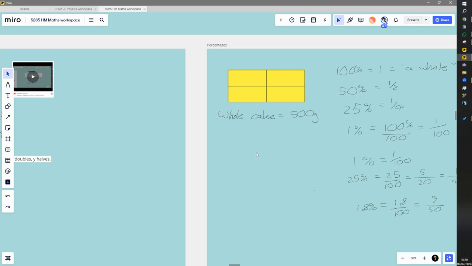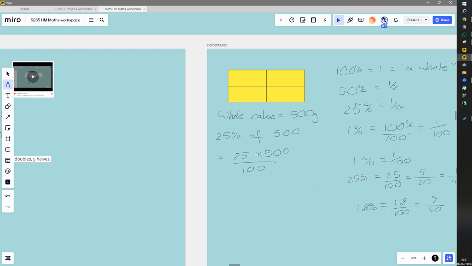But if it's a more awkward number, then what you want to do instead is work it out like this. So 25% of 500 is equal to 25 times 500, and then we're going to divide by 100. Why does that work?